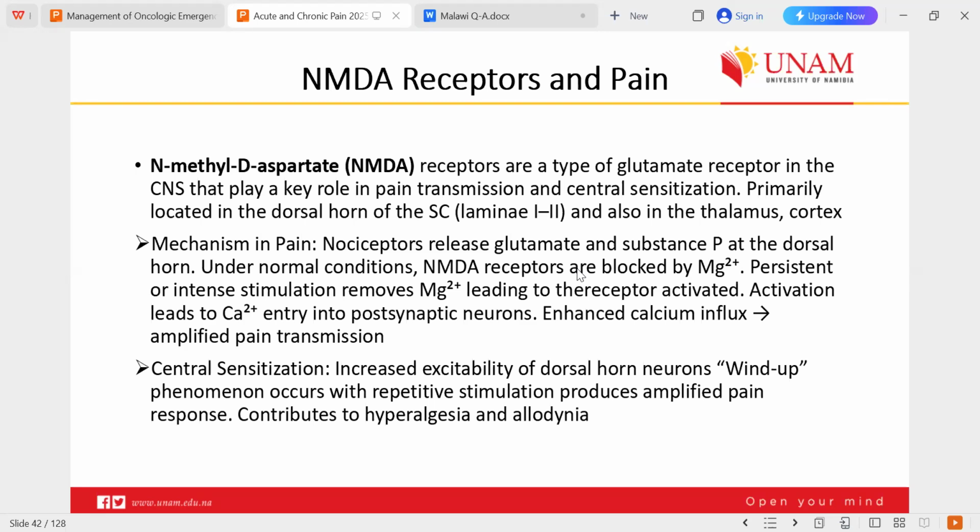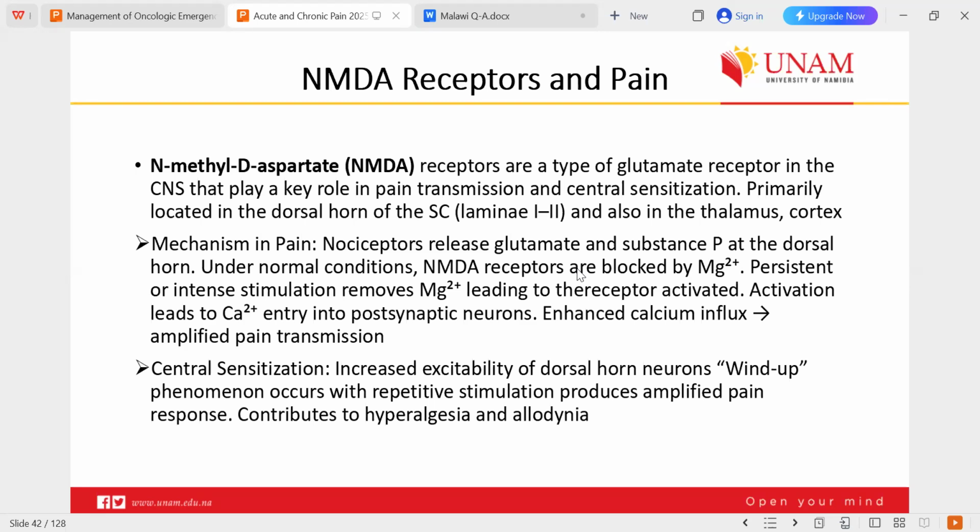Note that when nociceptors release glutamate and substance P at the dorsal horn, under normal conditions these NMDA receptors are blocked by magnesium ions, but persistent or intense stimulation causes this magnesium blockage to be removed, leading to receptor activation and the release of calcium ions into the postsynaptic neurons. The enhanced calcium inflow leads to amplification of your pain sensation.